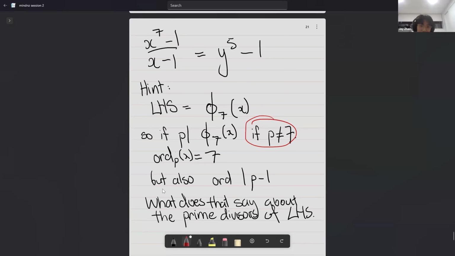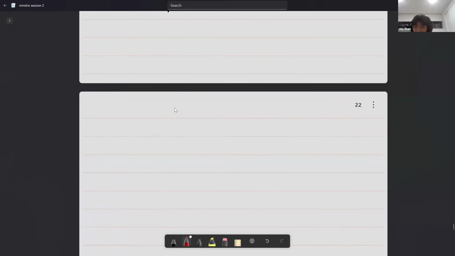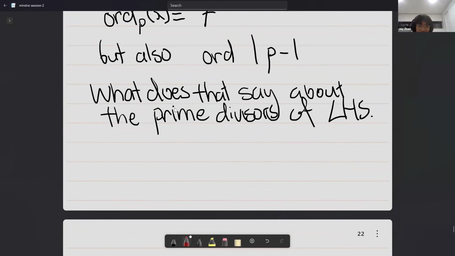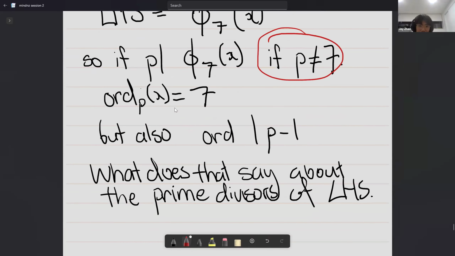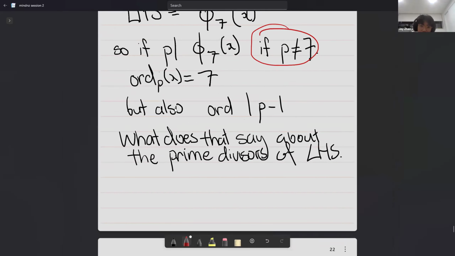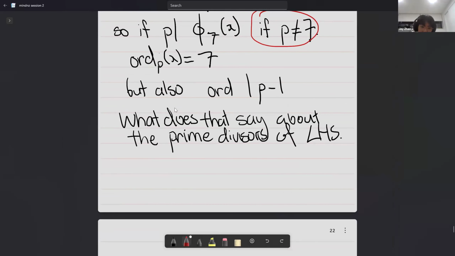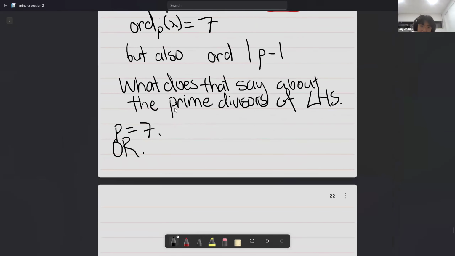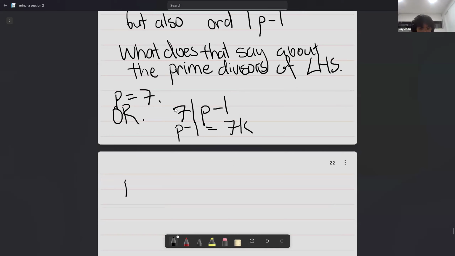Okay, I'll go over the solution now in case some of you really want to leave. So what we have is that either p equals 7 or 7 divides p minus 1, which means that p minus 1 is a multiple of 7 and p is equal to 1 plus 7k.